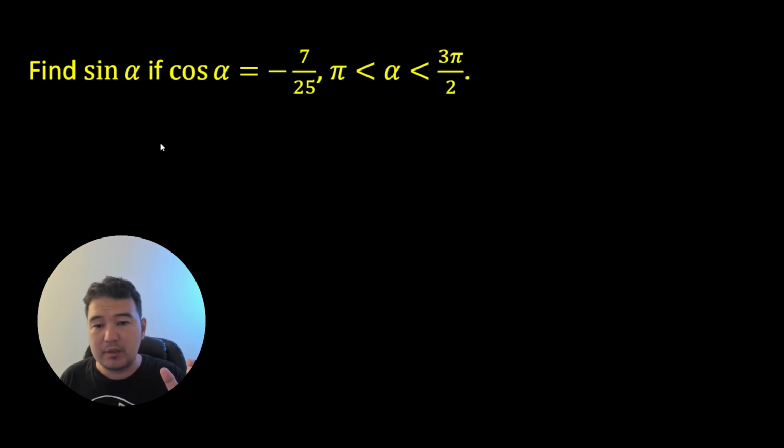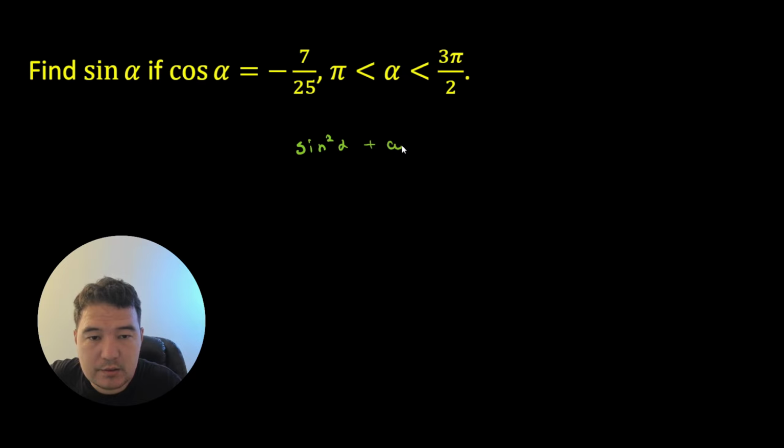And for the final problem, we are going to use the most famous identity of trigonometric functions, or the Pythagorean theorem in trigonometric functions: sine square plus cosine square is 1. So what happens? Sine square, which we don't know, plus cosine, that's negative 7 over 25 squared, is 1.